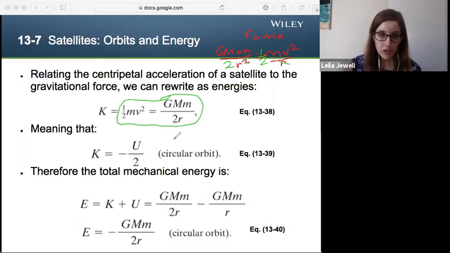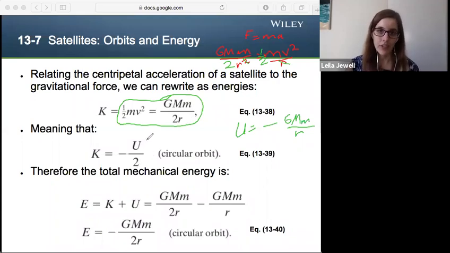Notice this looks a whole lot like our potential energy, right? Our potential energy, we said, was negative G big M little m over r. So the only difference is that we are different by a negative sign, and then there's that 2. So the kinetic energy is negative 1/2 the potential energy. If we want to describe the total mechanical energy, we can just add those two together.